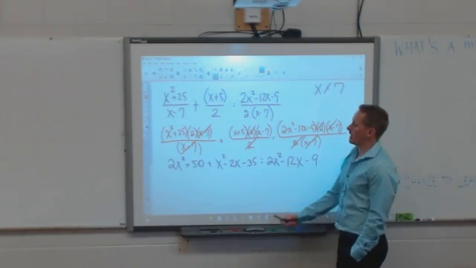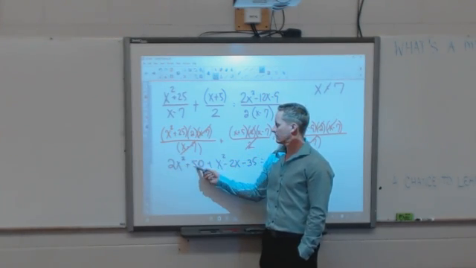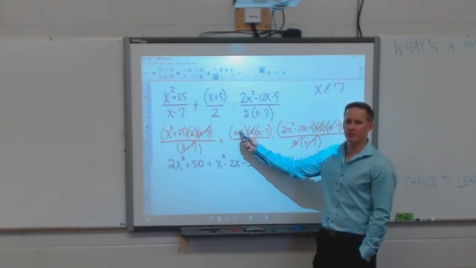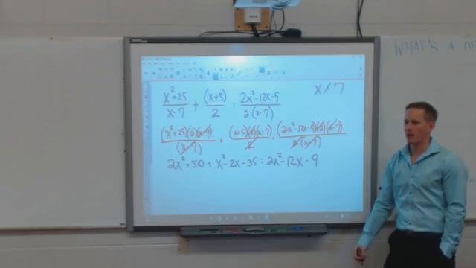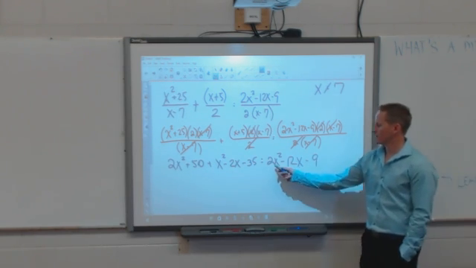Okay? So what did I have left here when I canceled the x minus 7s? 2 times this. There it is. 2's canceled, x minus 7, x plus 5. All of it canceled, just left me what was on top. Now move everything to one side. Get it equal to 0. So subtract this.